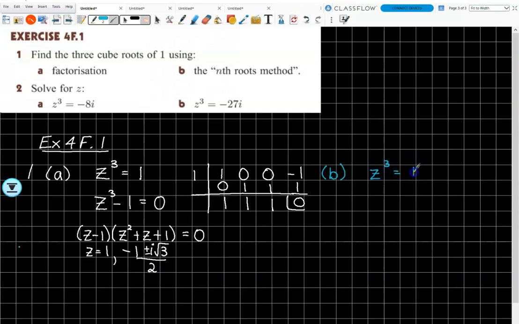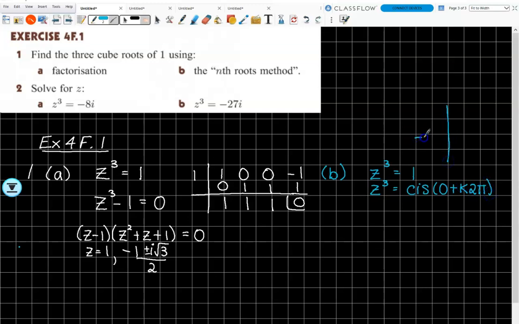is we want to just write 1 in polar form. And that was what we did just in that example. So we know that it is cis 0 plus k lots of 2 pi.